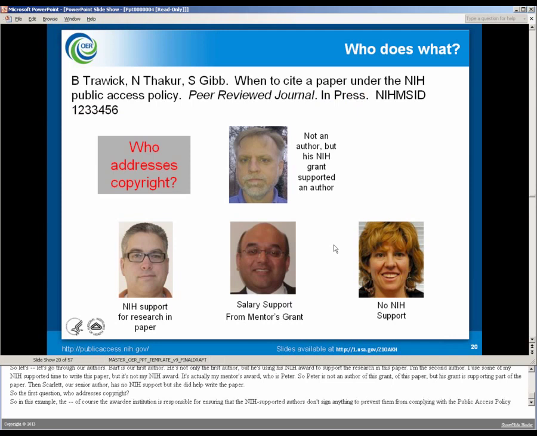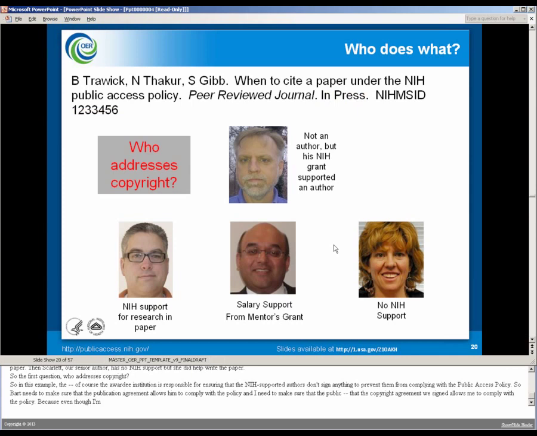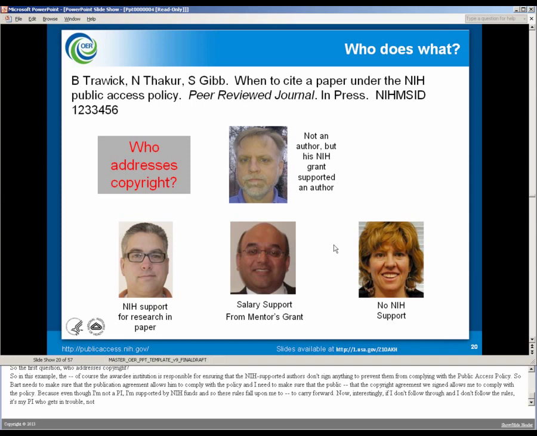So Bart needs to make sure that the publication agreement allows him to comply with the policy, and I need to make sure that the copyright agreement we sign allows me to comply with the policy, because even though I'm not a PI, I'm supported by NIH funds, and so these rules fall upon me to carry forward. Now, interestingly, if I don't follow through and I don't follow the rules, it's my PI who gets in trouble, not me. So Peter's on the hook for my actions here.